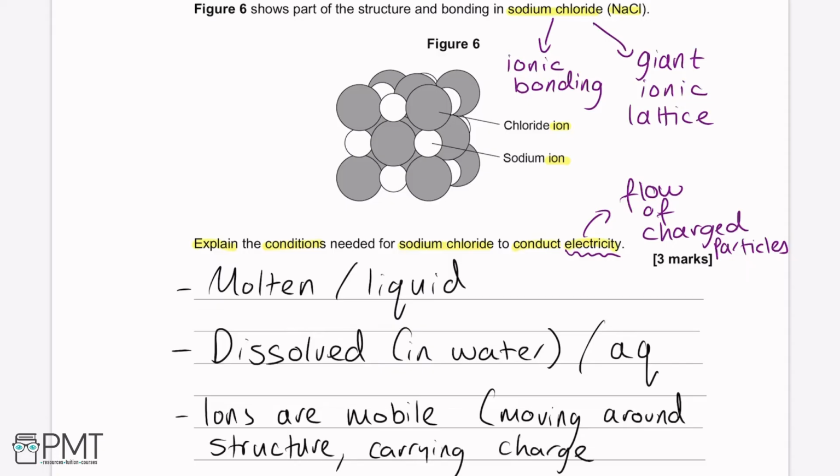So this was a 3-mark question. 1 mark for the first condition, which is molten or liquid. The 2nd mark for the second condition, dissolved or aqueous. And then the final mark was for talking about the ions being mobile or free moving. So the idea they can move around the structure and carry charge.